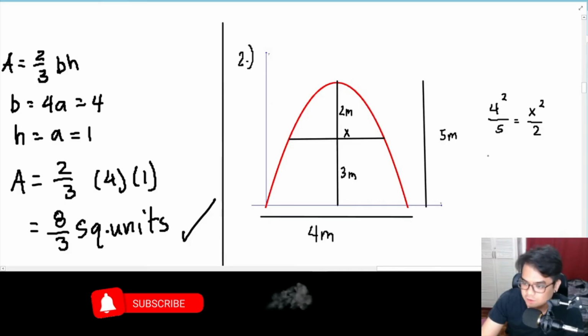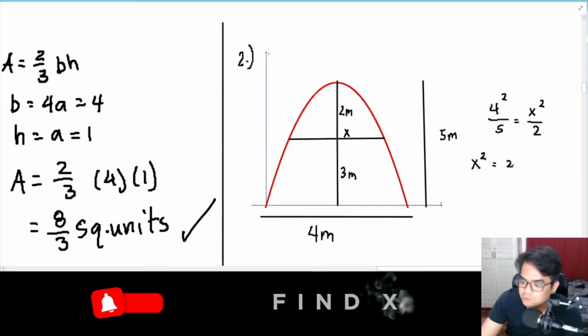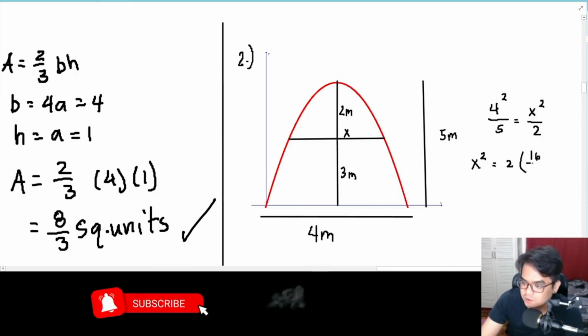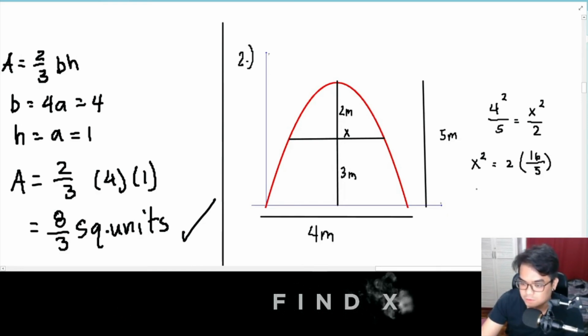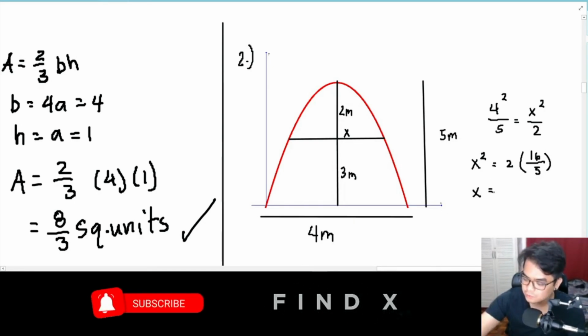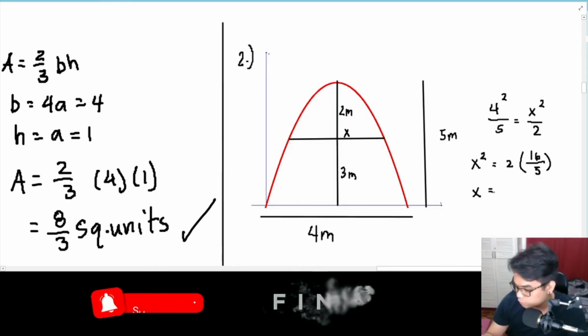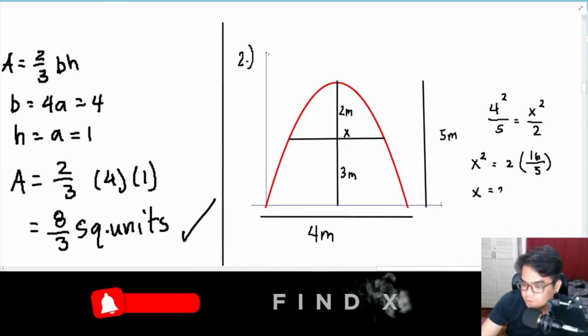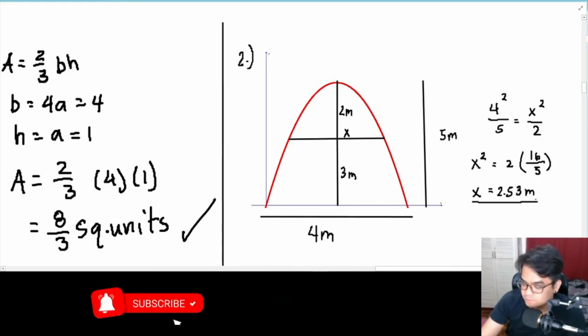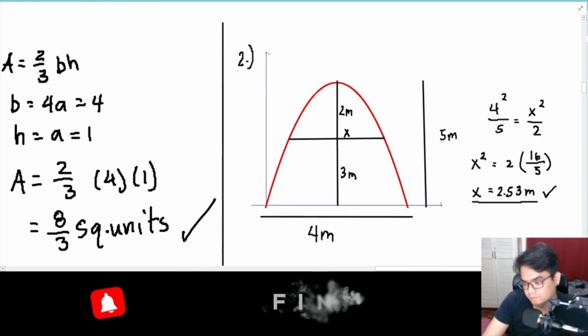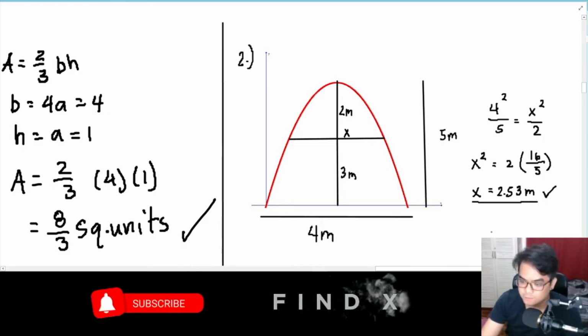Finding the value, x squared equal to 2 times 4 squared over 5, or 16 over 5. So x is equal to 2.53 meters. Yeah, so that will be the answer.